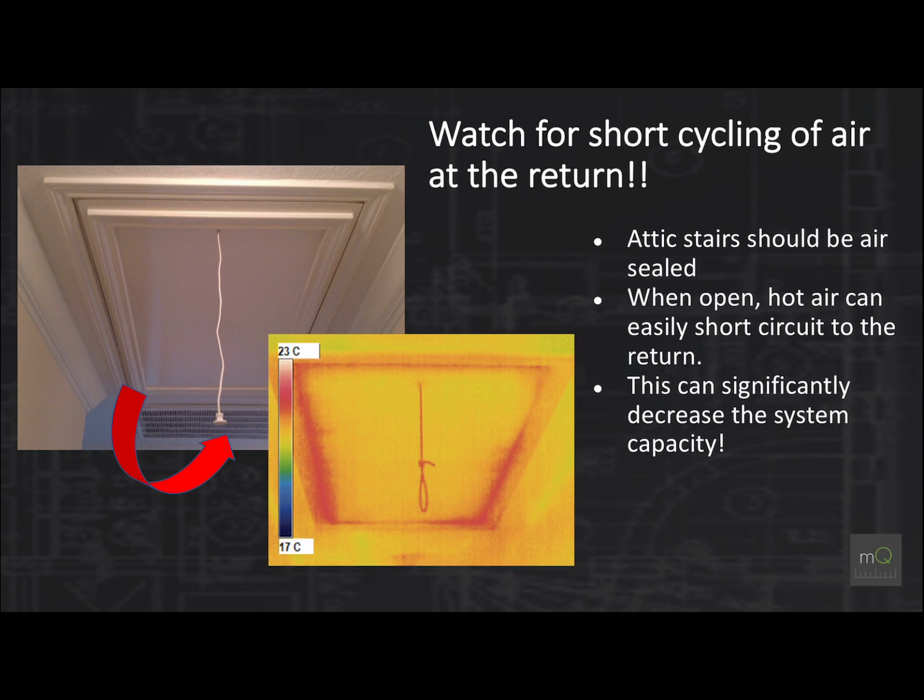So if you have an attic set of stairs that are open or they're leaking, you're going to see much higher return air temperatures than you might see at the thermostat temperature. Like your thermostat might say 74, but your return's reading 79, right? It's a good indication you got hot air coming from somewhere, and that can really, really decrease your system capacity.